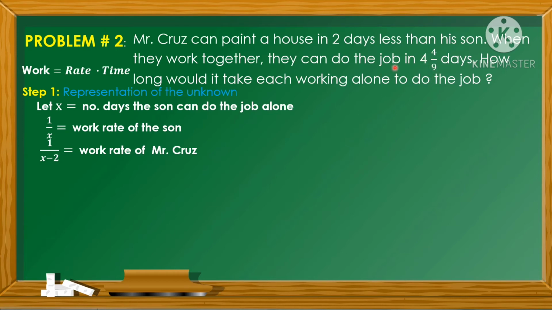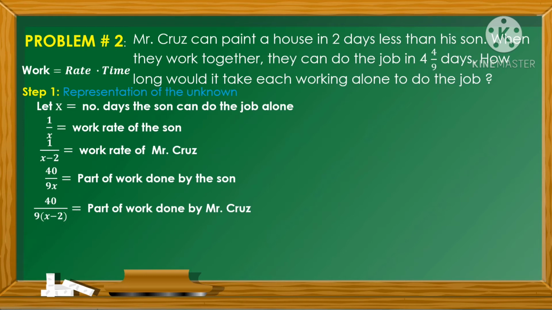Yun yung part ng work na nagawa ng kanyang anak, at yung part naman na nagawa ni Mr. Cruz should be 40 over 9 times 1 over x minus 2. O kaya magkakaroon tayo ng 40 over 9x, yung part of work done by his son, at yung 40 over 9 times x minus 2, yun naman yung part of work done by Mr. Cruz. Okay? So, ito na ngayon ang basis natin sa paggawa ng equation.